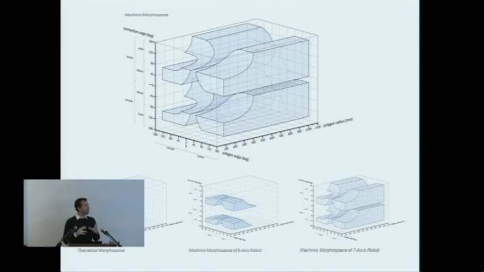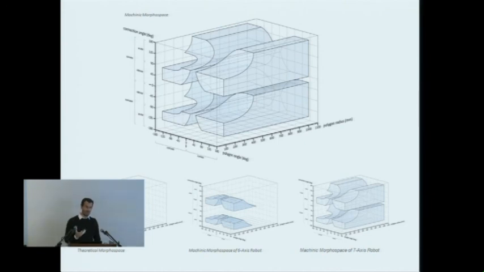So within this theoretical morphospace of all geometrically possible blades, which you can see here on the bottom left, the machinic morphospace emerges that only includes the actually fabricable blade morphologies, here shown, for example, for a 6-axis robot setup or for our 7-axis robot setup.